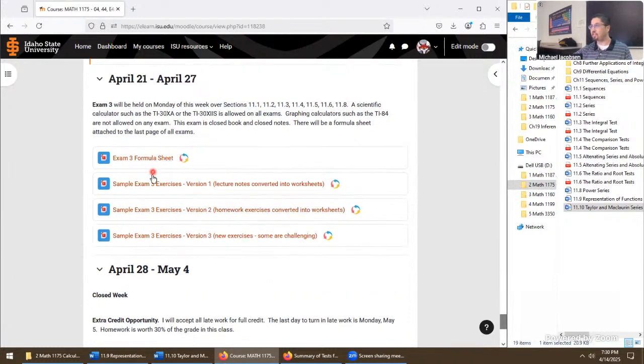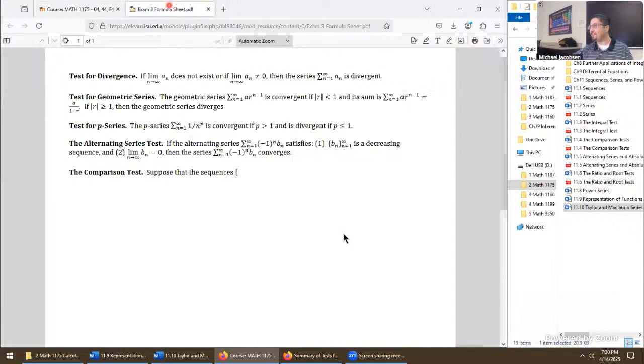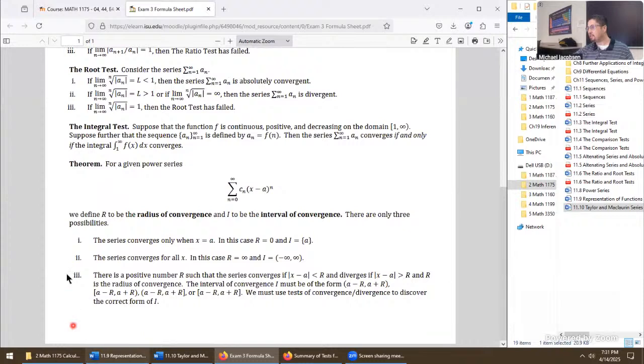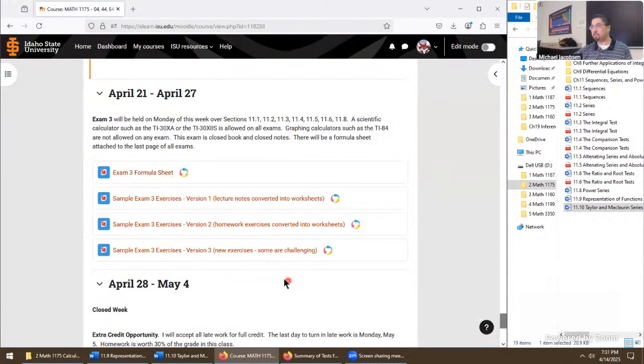So here's the formula sheet for exam 3. We've been looking at it all along. It's basically just this stuff with this information to support section 11.8 as well. So this is the trichotomy of what could happen when we go to use the ratio test on a power series like this one right here. So that's our exam 3.